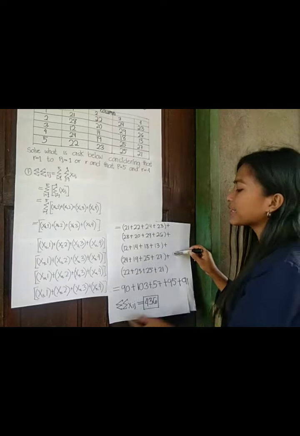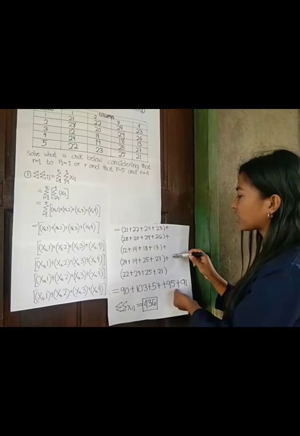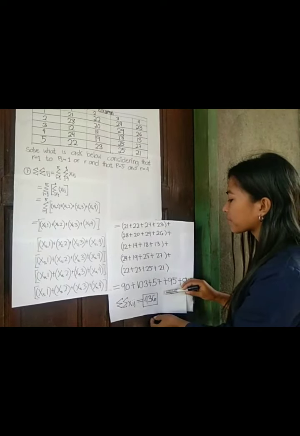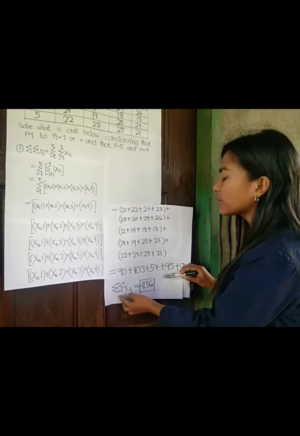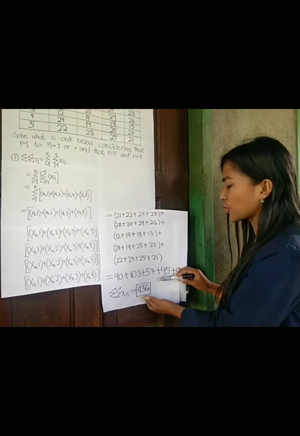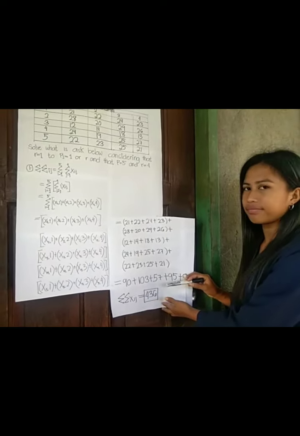So, after that, we add up the totals of each row. So the double summation of x sub ij equals 436.